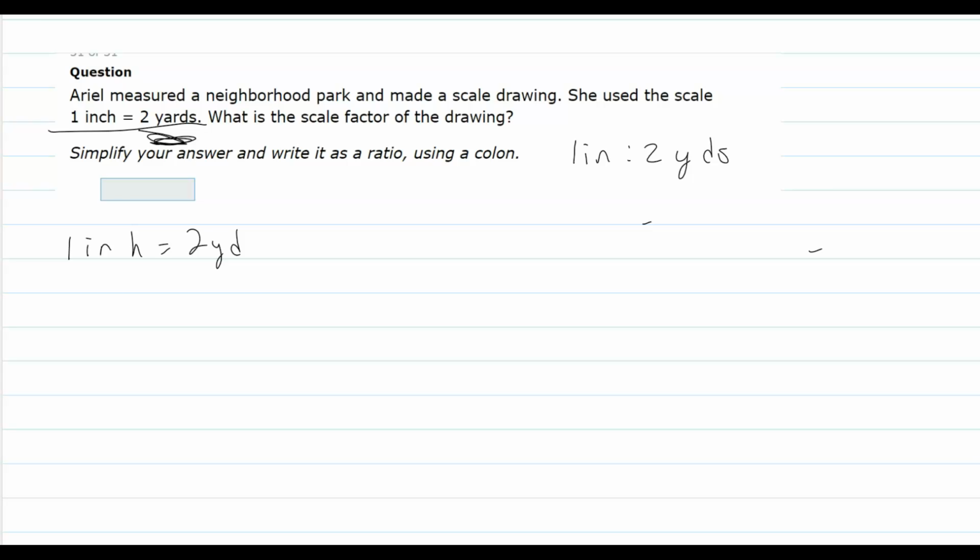Well, we have 1 inch equals 2 yards. Well, we also know that there are 3 feet in 1 yard. So if I put over here 1 yard and I compare that to 3 feet.